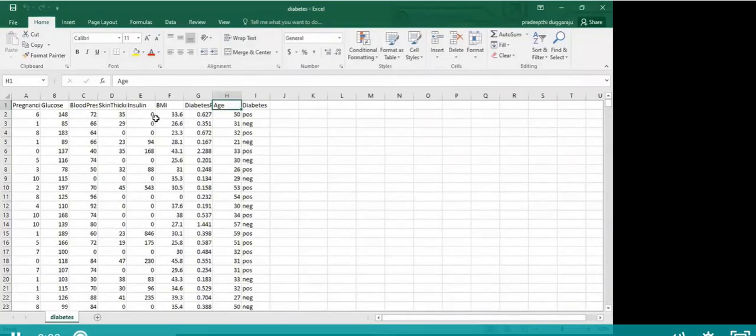Looking into the data set, can you please tell me, what does this data set represent? What are we supposed to do with it?